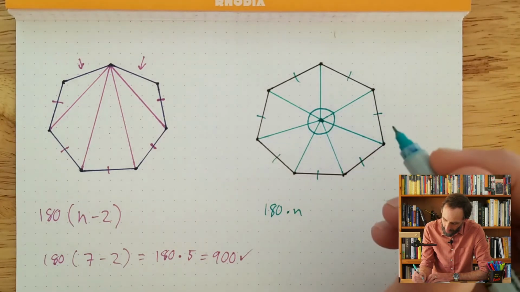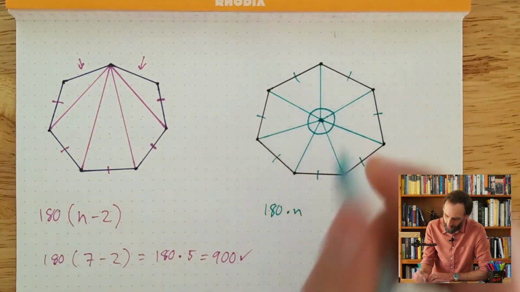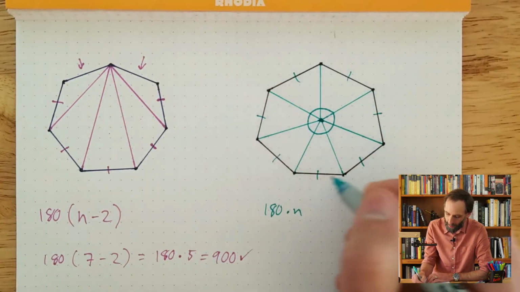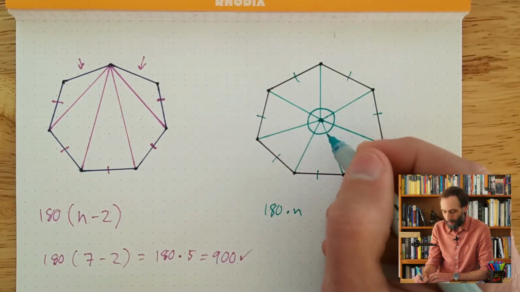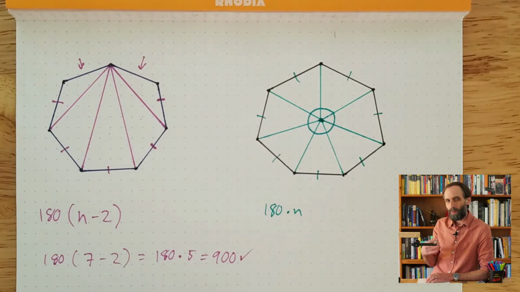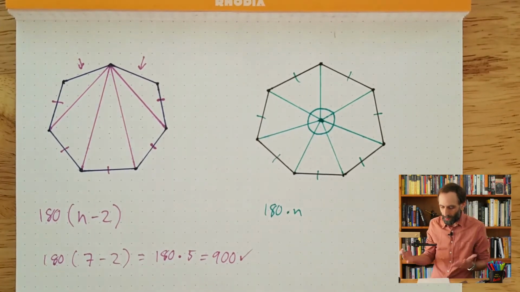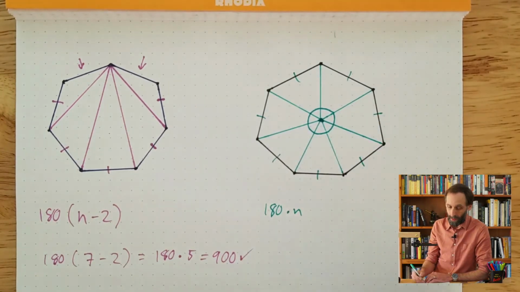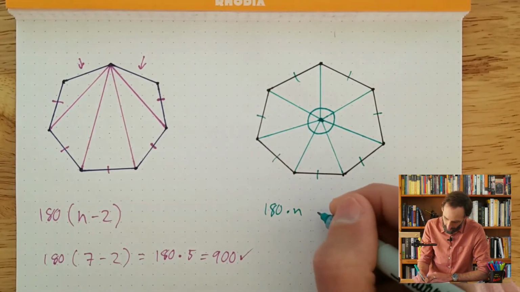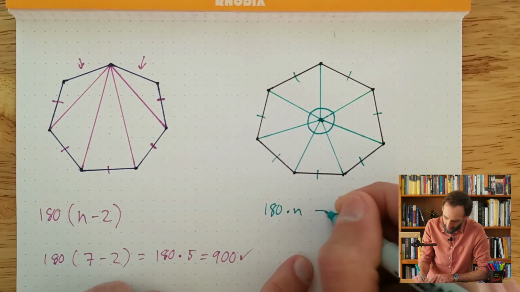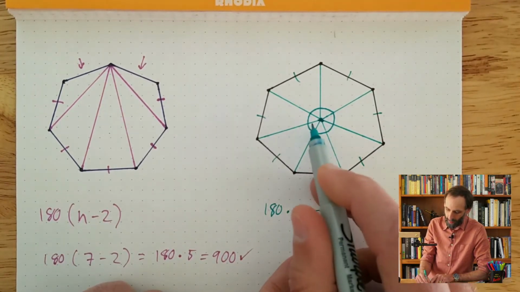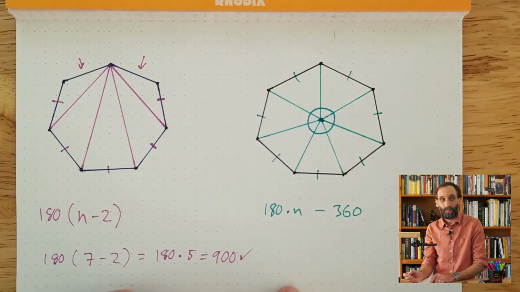And, well, see, the issue is all these angles here, they're not part of the angles of the original polygon, so we want to exclude them. So what magnitude of angle measure are we excluding? Well, we're excluding 360 degrees. So we can say, okay, 180 times n minus 360. So exclude all these angles meeting at this center point.